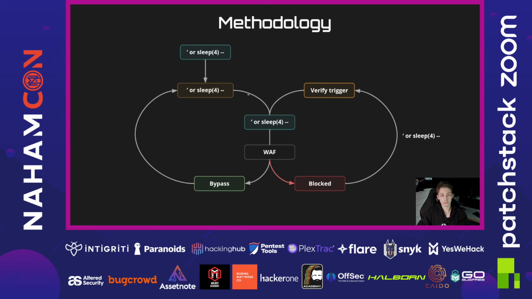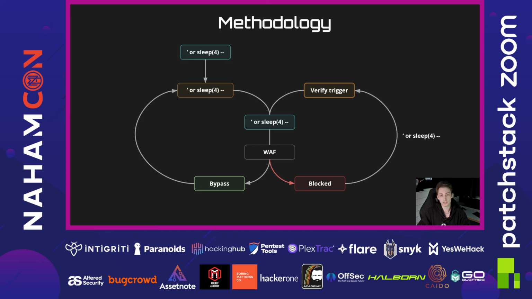The very first time you're sending this, in 99% of cases, if there is a web application firewall in place, it will get blocked. But because it's the full payload we're getting blocked on, we don't know the actual part of the payload that is blocking. Is it the or, is it the sleep, is it the single quote itself, or is it the comment? What section of the payload is actually getting blocked by the firewall?